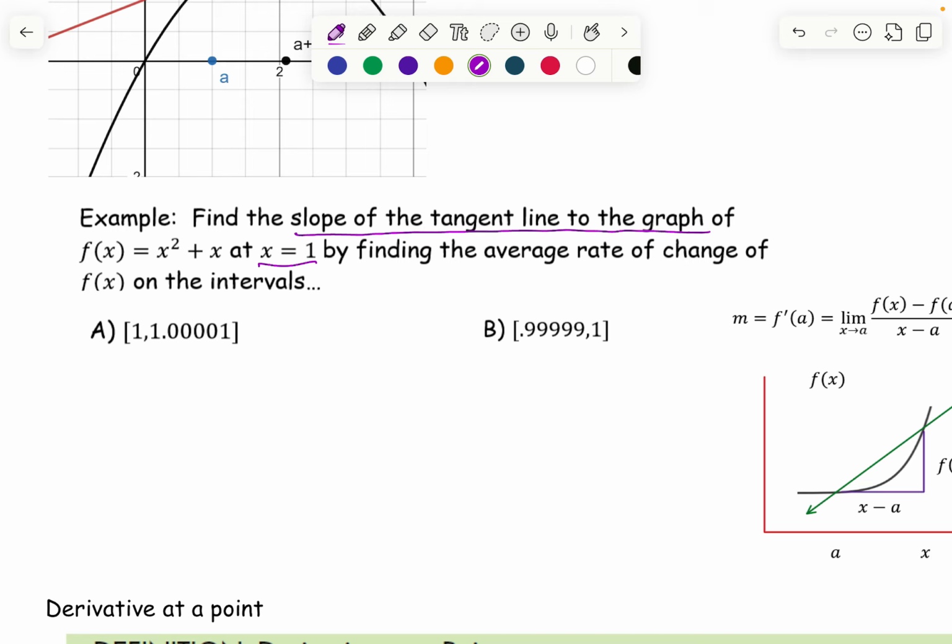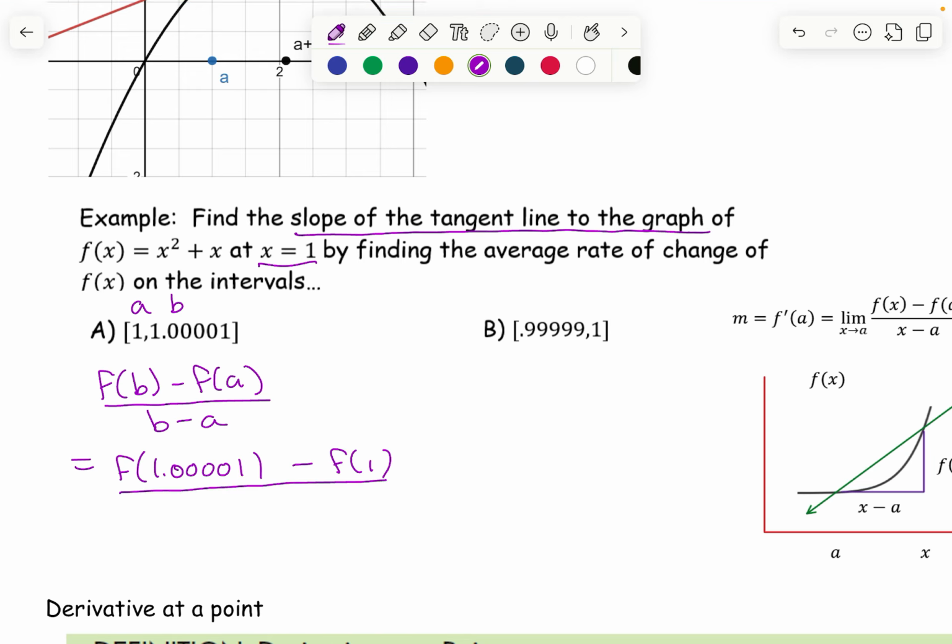So we're going to use technology. We want to compute f of B minus f of A over B minus A, which in this case would be f of 1.00001 minus f of 1, divided by 1.00001 minus 1. We're going to use Desmos for this, and you're welcome to do this too.